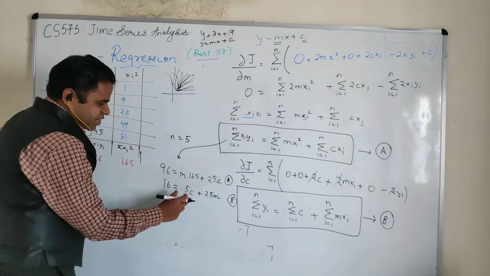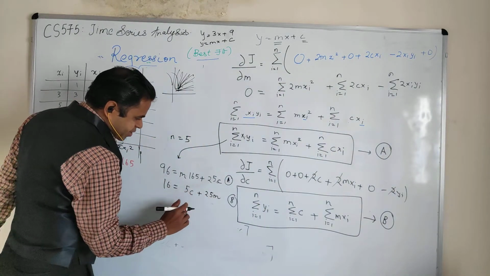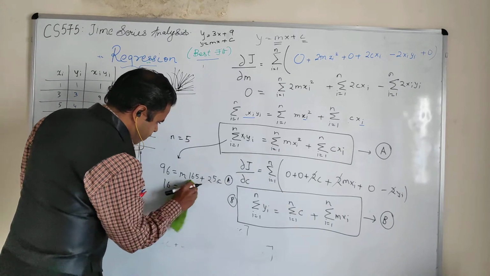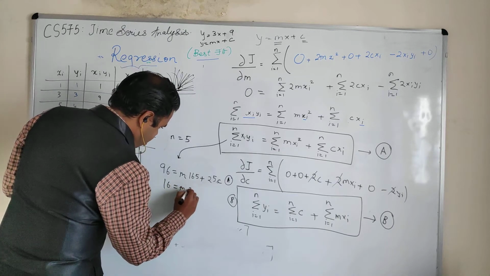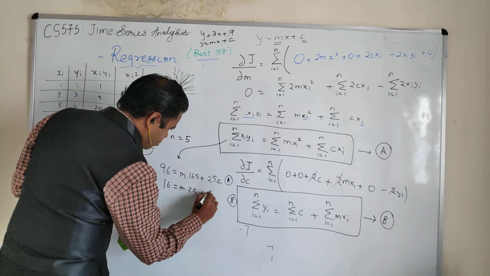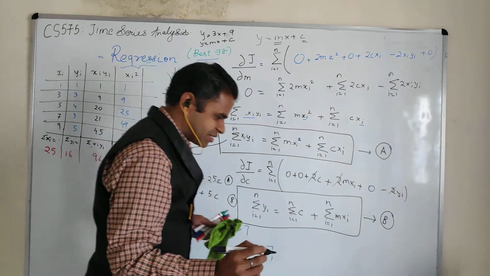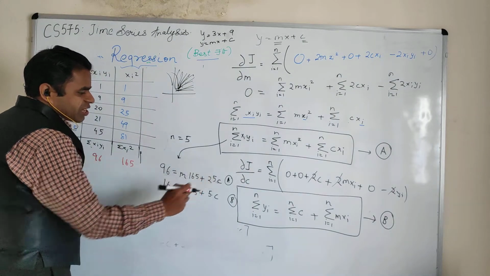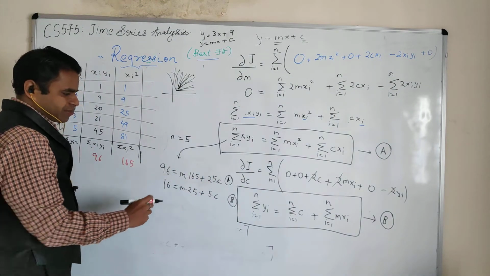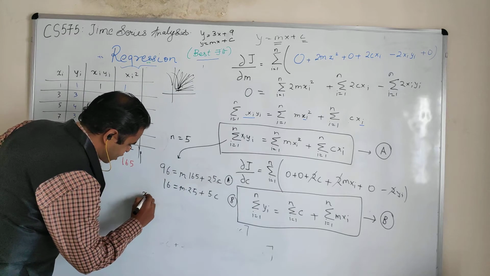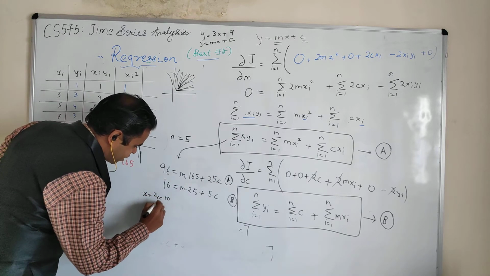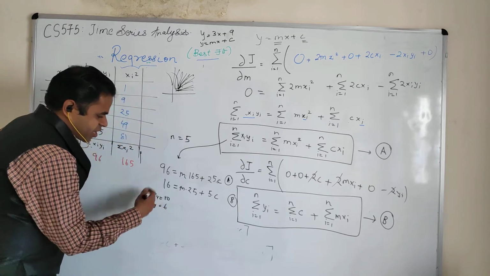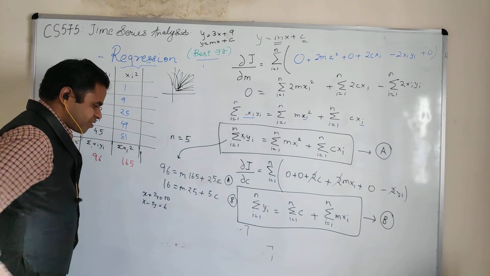Let me just rearrange this and bring m together, so this will basically be m into 25 plus 5c. Now you can see these are just two linear equations, of the form we have solved before, like x plus 2y is equal to 10 and x minus 5y is equal to 6, and then you solve for the values of x and y.